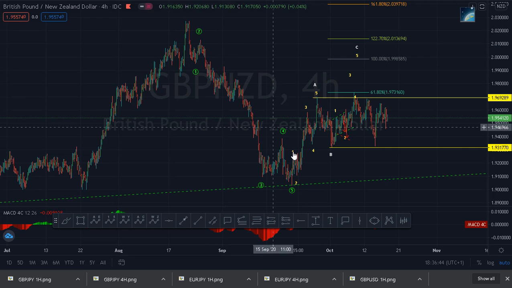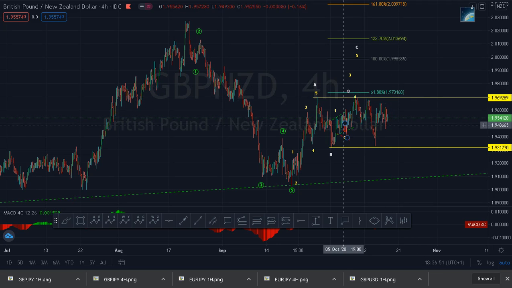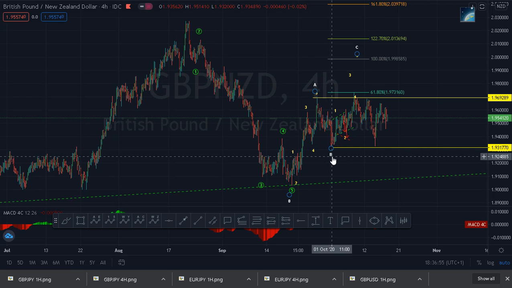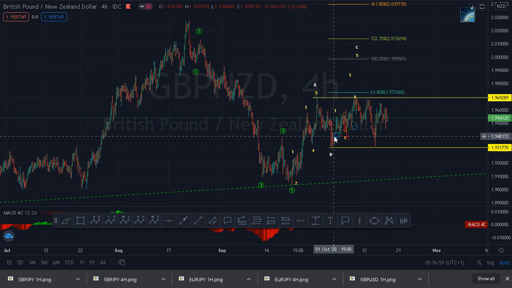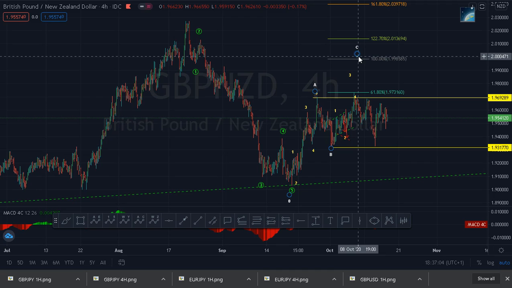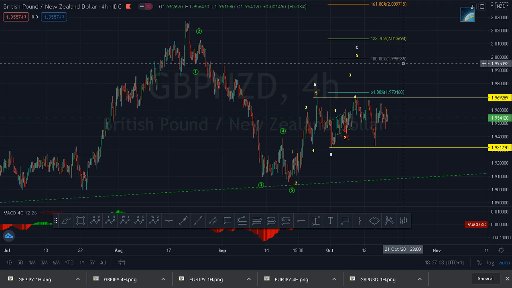Though this is an impulse, this is a correction, but this correction might still surprise us. We might have A, B, C, A, B, A, B, C. This C might not be over. We might have another price go up.